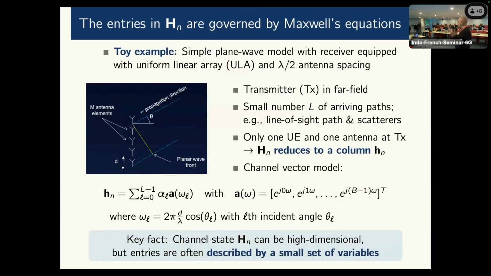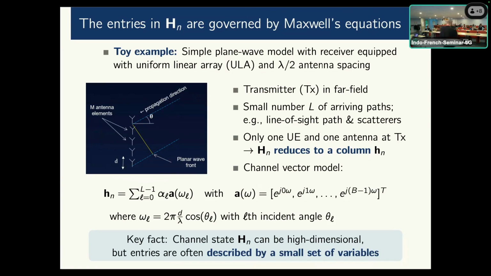If you think of the classical way of dealing with that, what we do typically is that we postulate a model. Here's an example. You can postulate that the channel follows this model, for example. So here I have a channel with L paths, and each path is actually represented by a planar wavefront, which is arriving under the angle of incidence theta, and this planar wavefront is going to hit the first antenna and then the second one a little bit later, and so on.